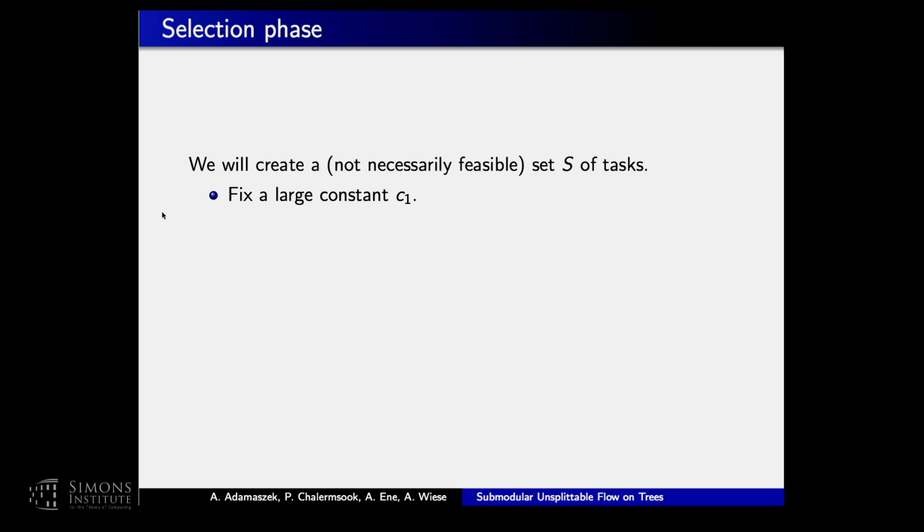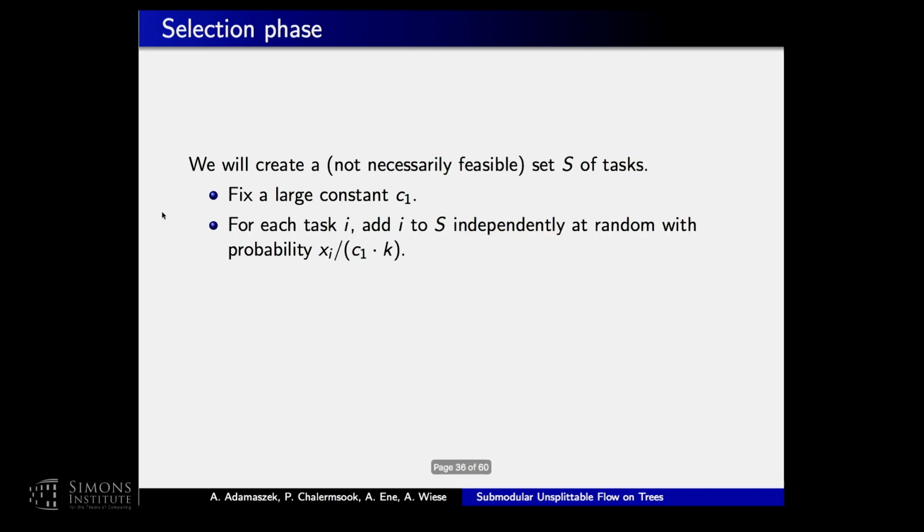The first step is the selection phase, where remember that we want an integral solution which might be infeasible. So here we fix a large constant C1, and for each task, we add the task to the collection of selected tasks independently at random with probability x_i over C1 k. So now S will be the set of selected tasks.